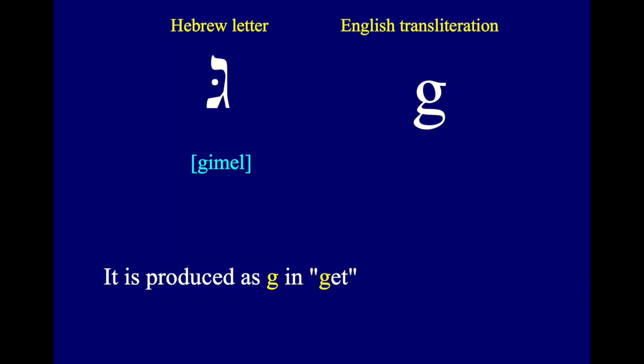But there are a couple of narrow letters, and gimel is one of them. It's a line that goes basically down, and then a little foot that comes out from it. The name is gimel, and it has a g sound, the g as in get, transliterated with an English G. So in Hebrew, just like in Greek, you have your ABGs, not your ABCs: aleph, beit, gimel.